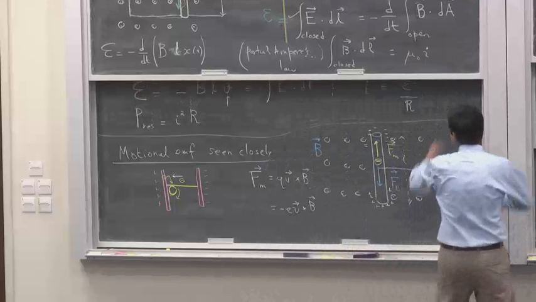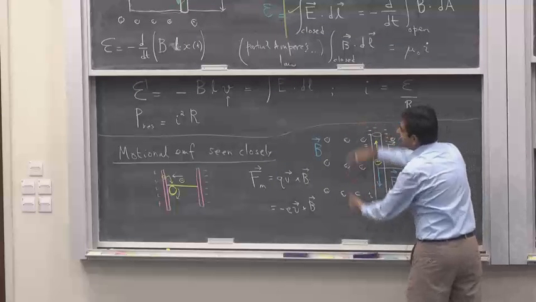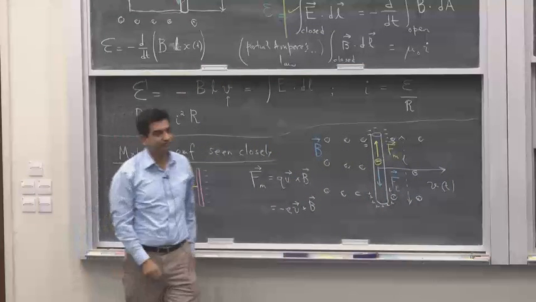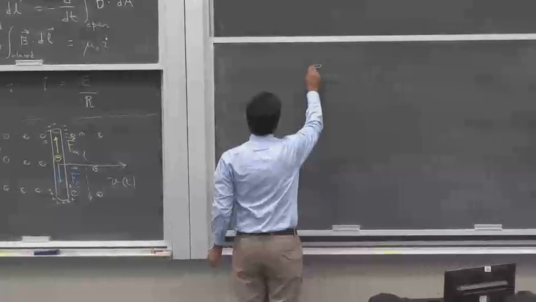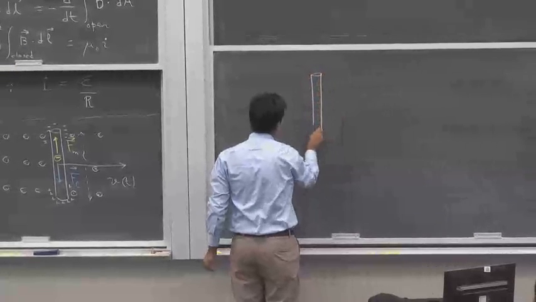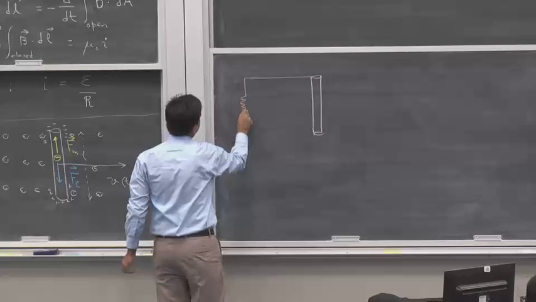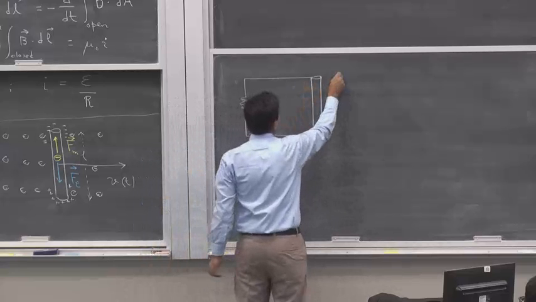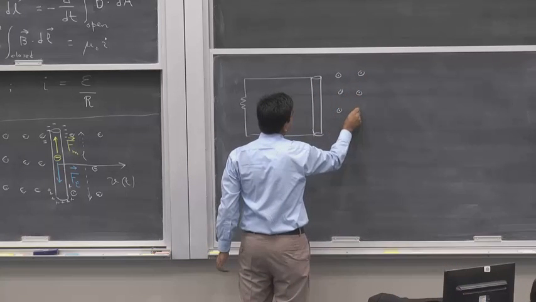Alright, now let's connect this moving rod on which this charge separation has accumulated inside a circuit, and this is precisely the circuit that we're going to talk about. Again, there is a field pointing out, a constant, uniform field.